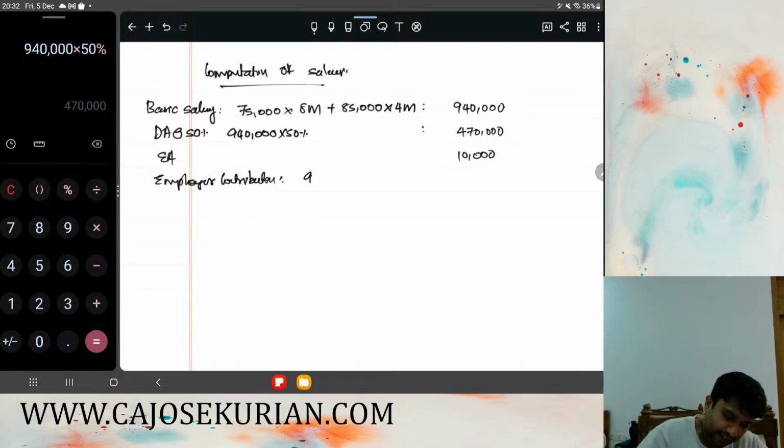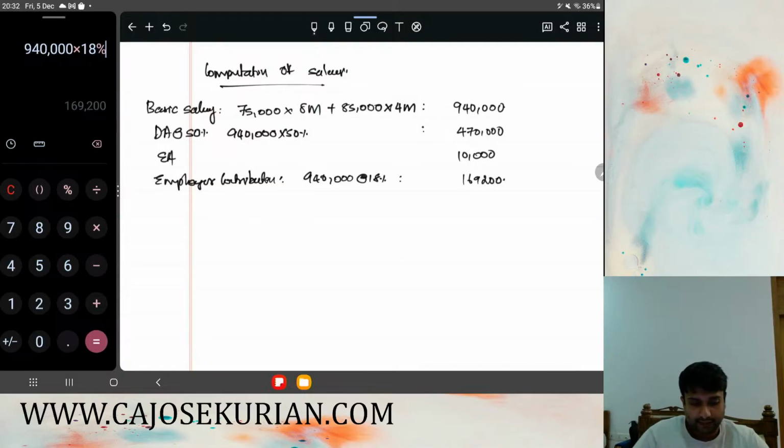So basic salary is 9 lakh 40,000 into 18 percentage, and it will be 1 lakh 69,200.